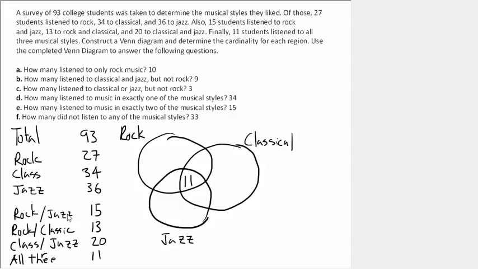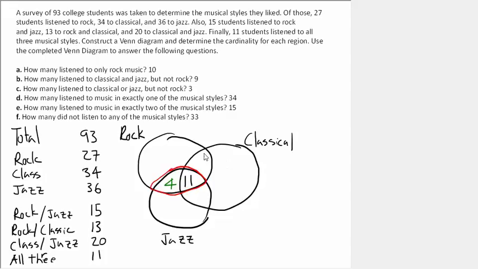So where these 15 are that listen to both are the intersection of those two circles. And where is that area? Well, it's right here. Here's the intersection of rock and jazz. Okay, but we have already counted for 11 people there. It says there's supposed to be 15 in total, which tells us one thing. There must be the other 4 sitting right there. Now we have a total of 15 people who listen to both rock and jazz.